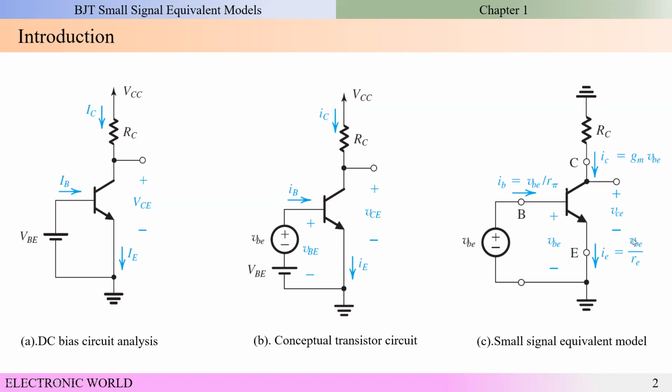And the re: how can we determine re? This re is used to design the T model. We will discuss it in later chapters, and re is equal to alpha over gm.